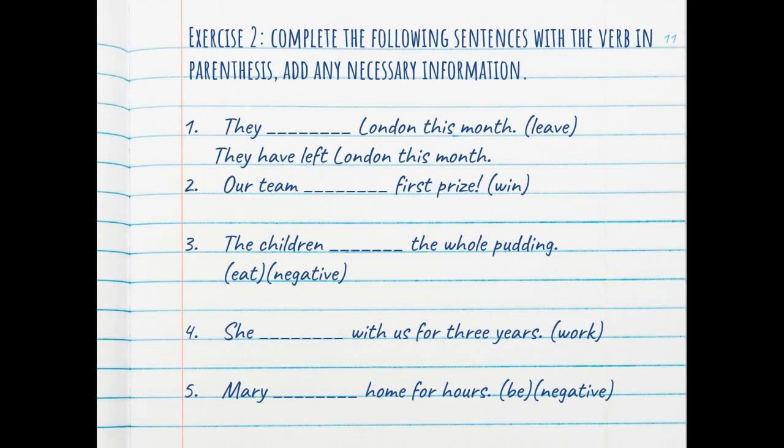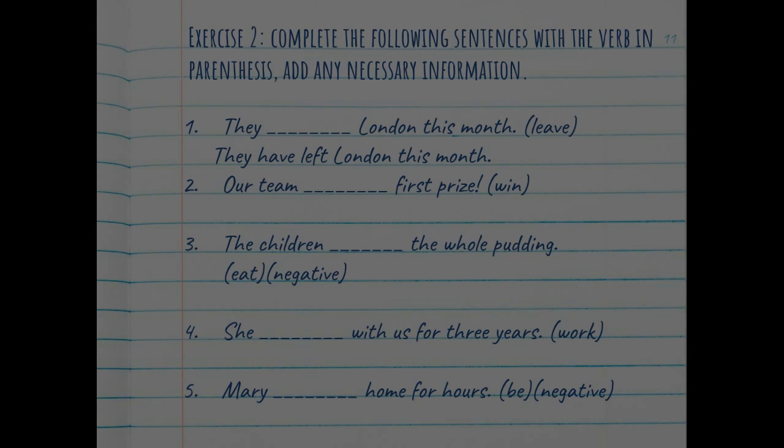You are given a time frame, but again, it hasn't finished the month. So it's okay to use it in this case. Again, this second activity shouldn't take you more than 10 minutes for you to complete it and then discuss the answers with your classmates.